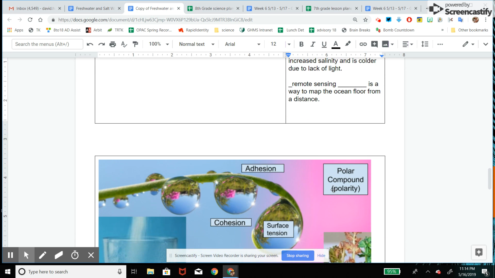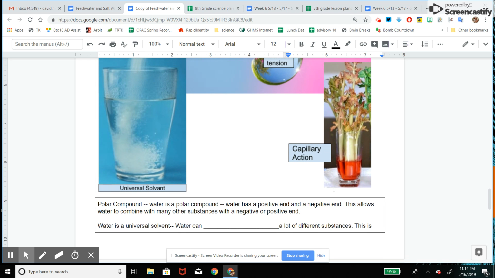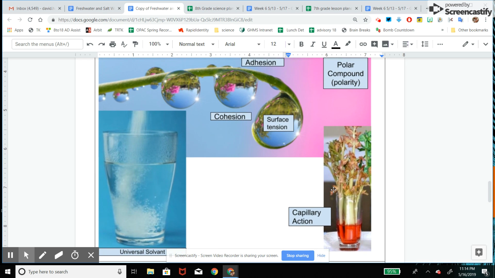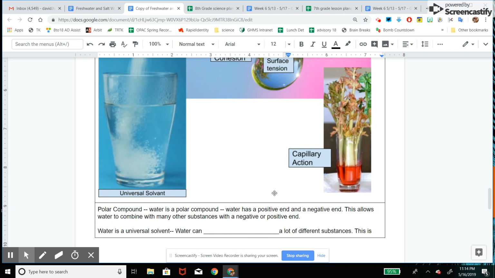Okay, here's some properties of water that you should be familiar with from labs we've done before. Polar compound. Water is a polar compound because it has hydrogen on one end, that's positive, and the two hydrogens attached to the oxygen end is negative. So polar means it has two different ends, like we have a north and a south pole on the Earth, and they're different.